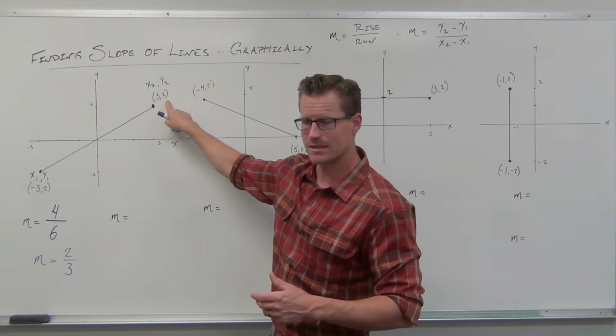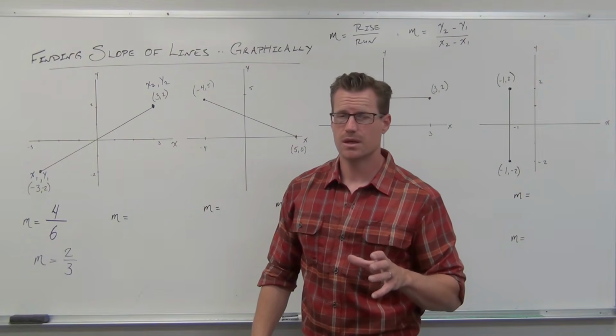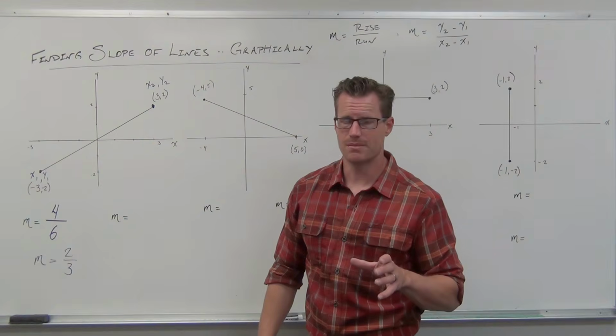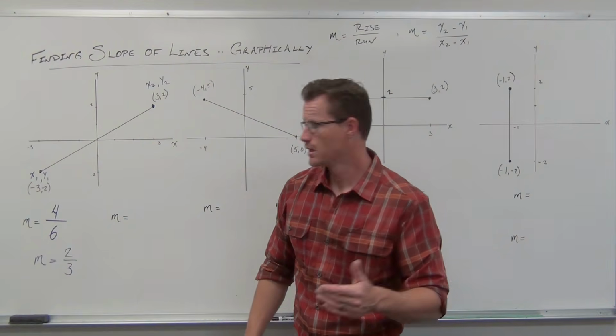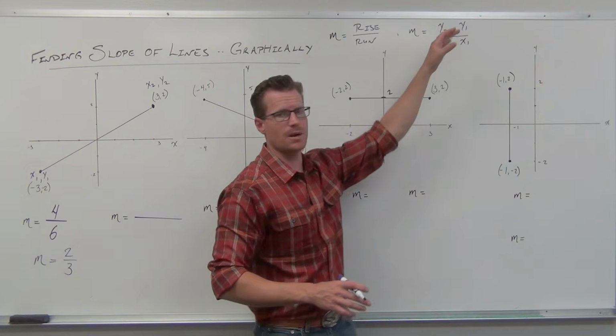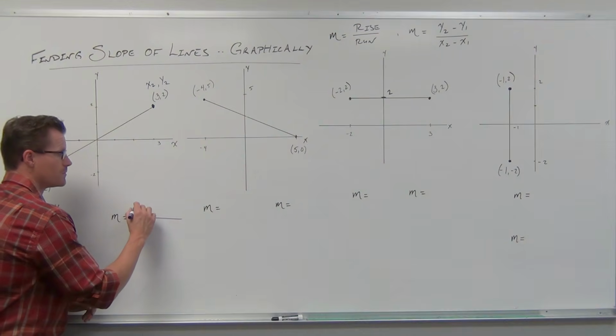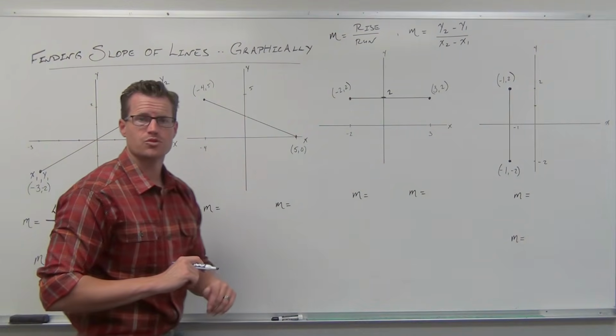2 minus negative 2. Now that brings me to another point. If you're going to do this, you had better be using some parentheses and making sure that you're filling out your formula correctly. So our y's have to be on the top because that's what talks about vertical motion, that's the rise. I'm going to take my y2, I'm going to subtract.